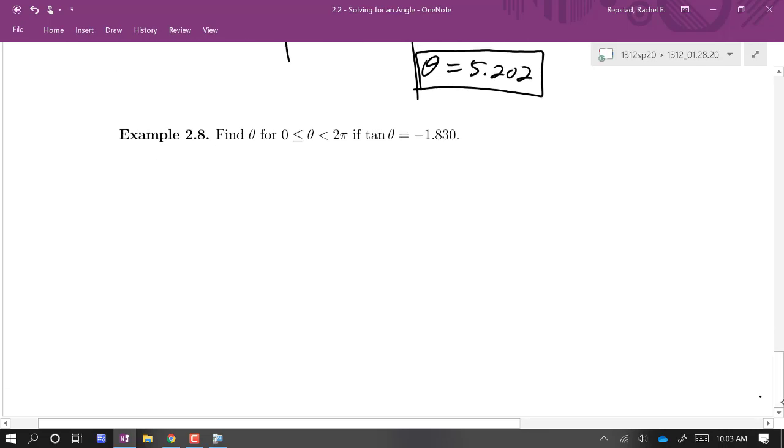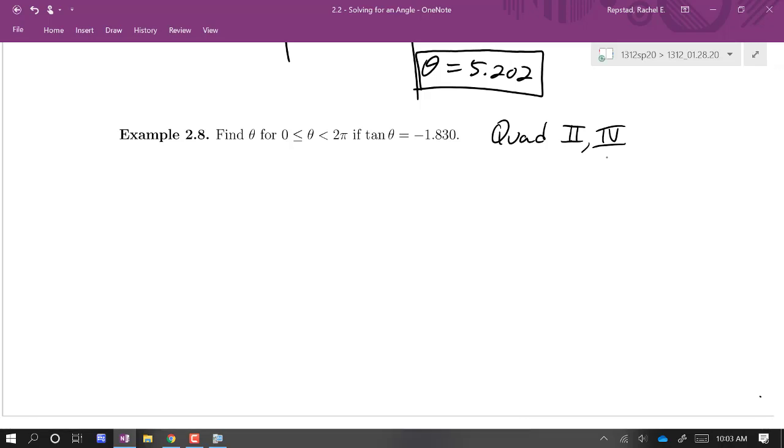Again, this one's in radians. We could tell because theta is between 0 and 2 pi. They tell us a tangent is negative 1.830. So where is this angle? Where are we looking at? Say that again. 2 and 4. Yeah, so tangent is positive where sine and cosine are either both positive or both negative.